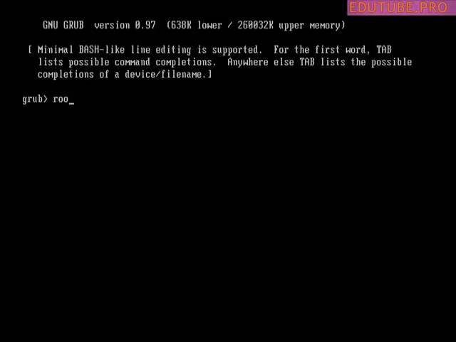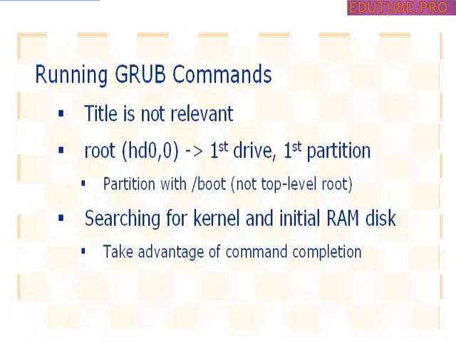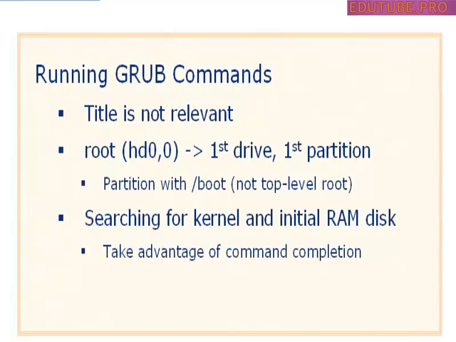The first real directive is the root directive. But that could be confusing, because the root directive actually identifies the location, specifically the partition with the boot directory. It's not related to the top-level root directory or the root user.